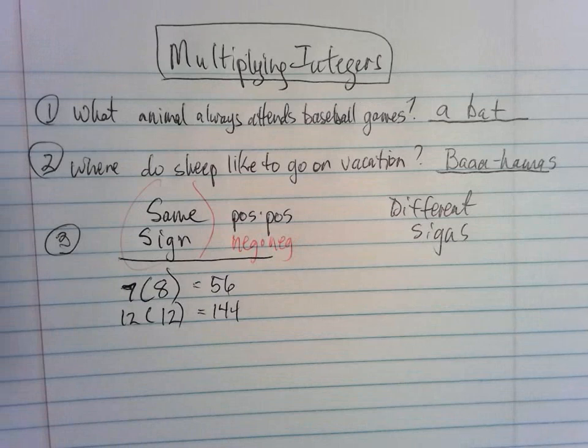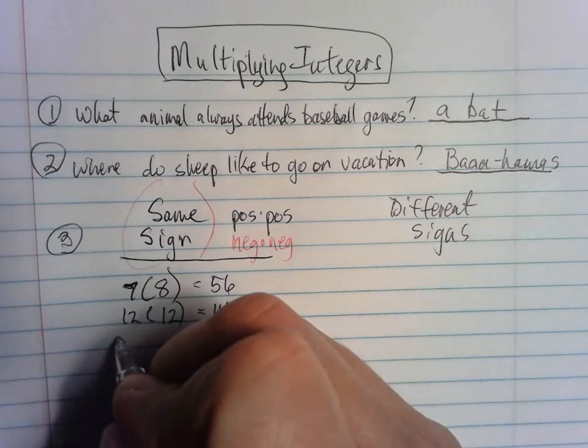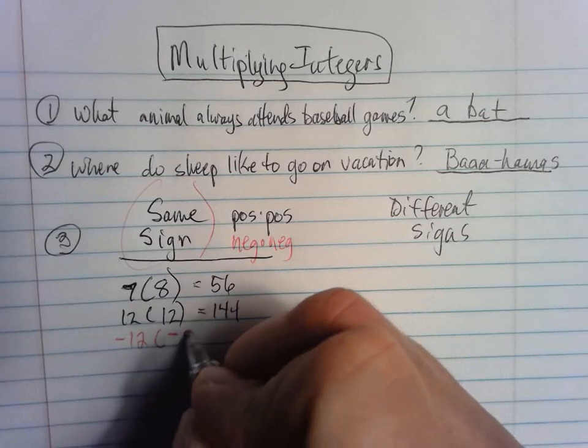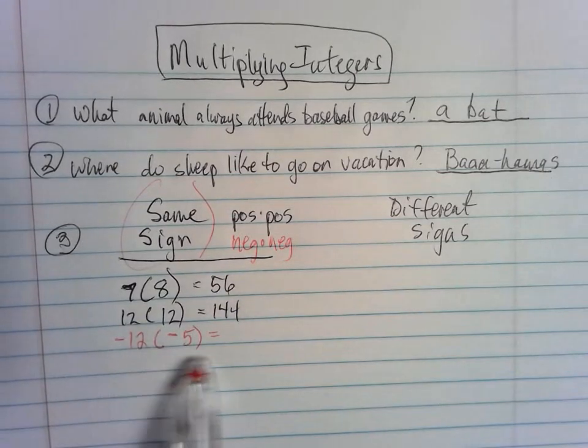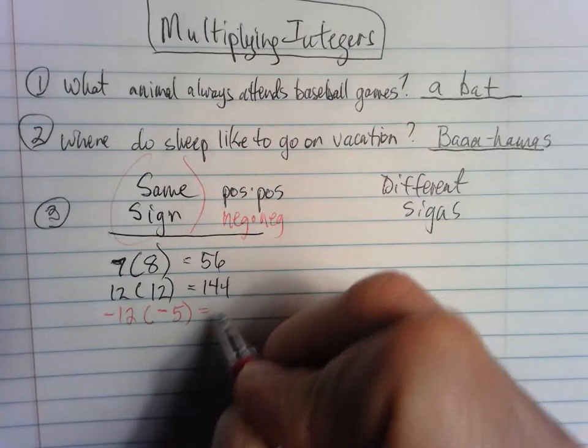Same thing for the negatives. Negative 12 times negative 5, a negative times a negative, has the same sign, so that gives you a positive 60.